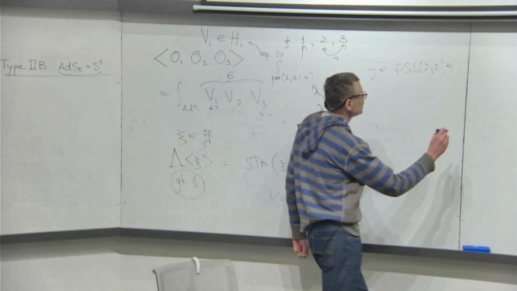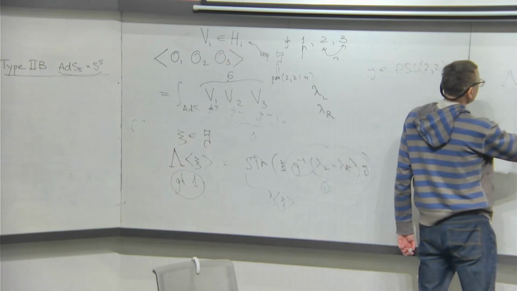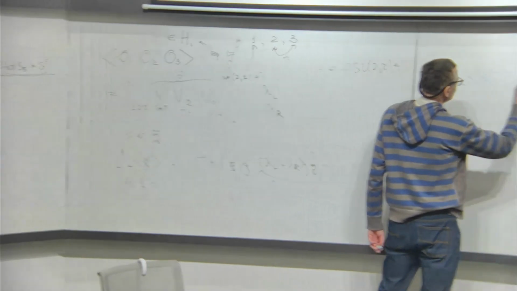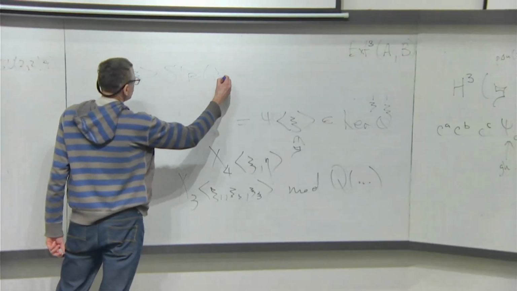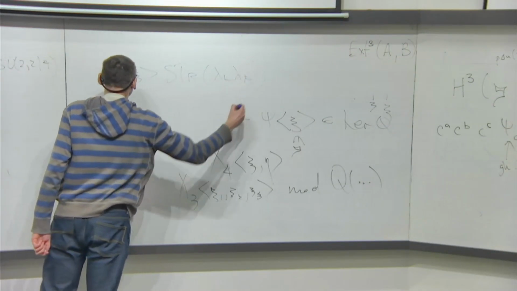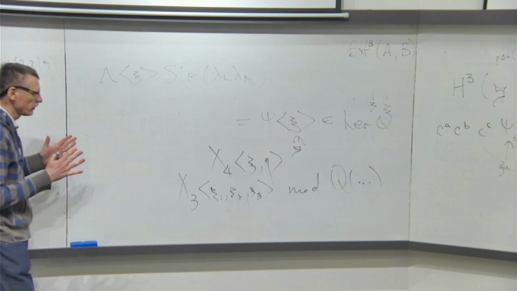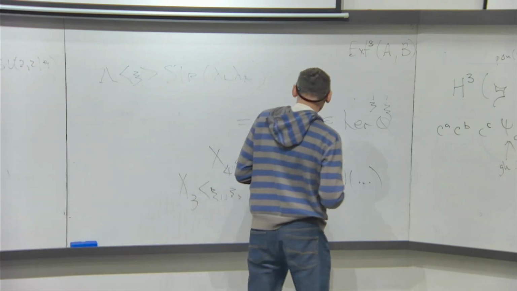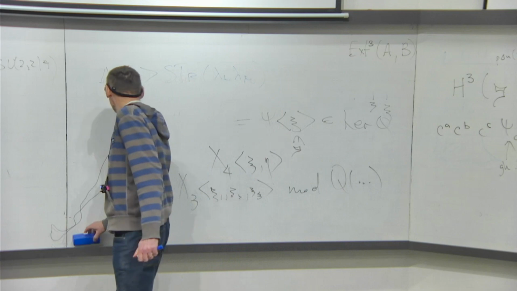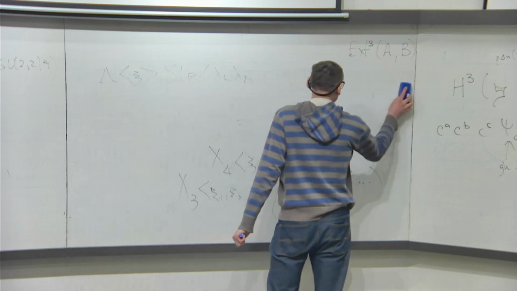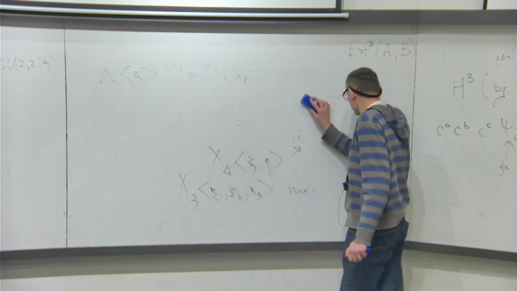Now I want to multiply it by a ghost number 2 operator, which is just supertrace lambda left, lambda right, where lambda are pure spinor variables. Supertrace lambda left, lambda right is a ghost number 2 physical operator. It corresponds to changing the radius of AdS. It's usually called the dilaton zero mode. This happens to be BRST exact.